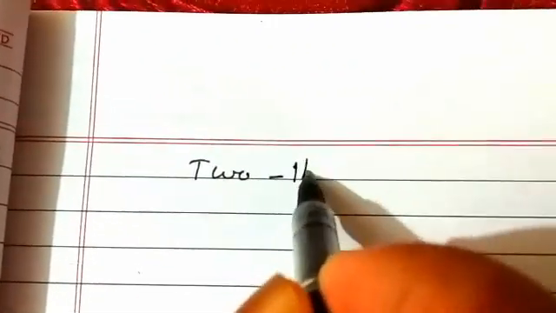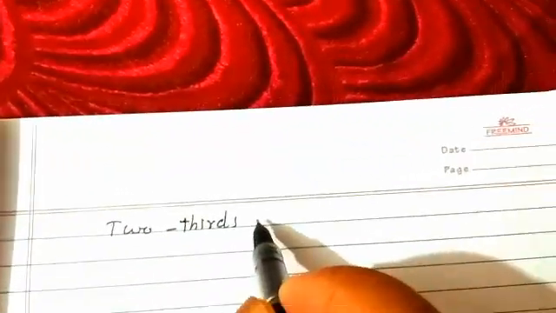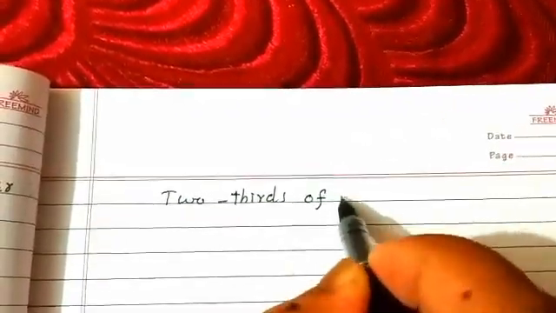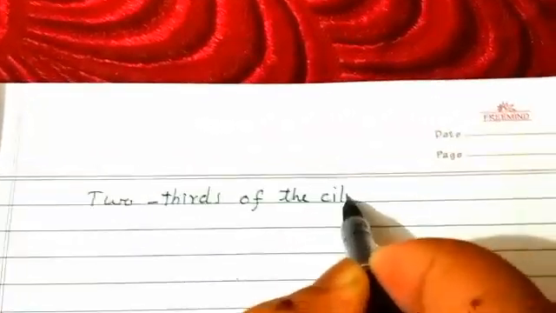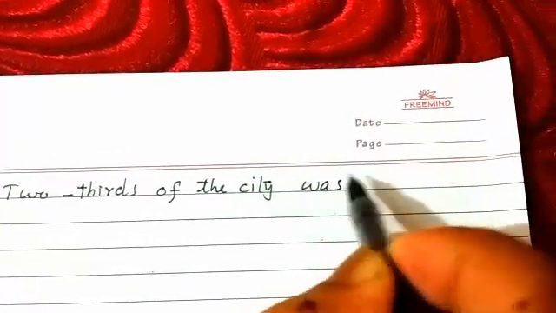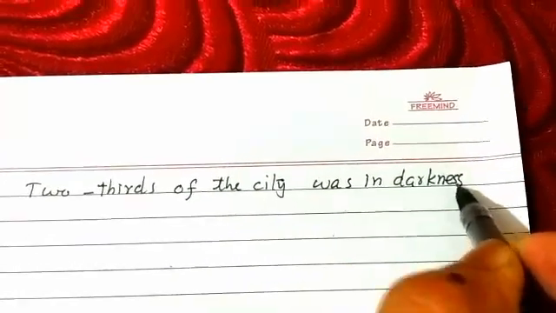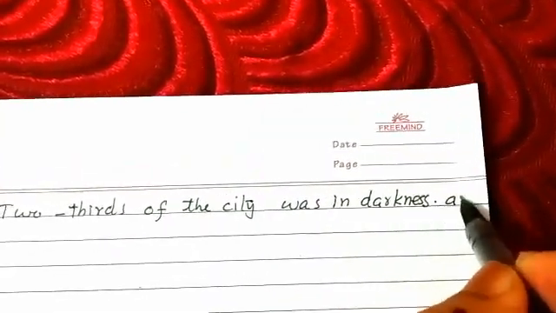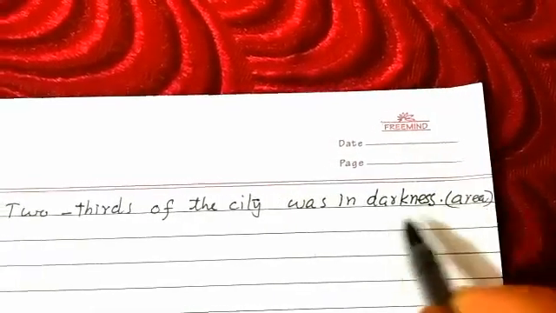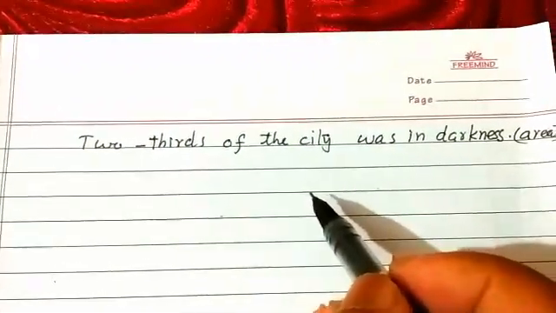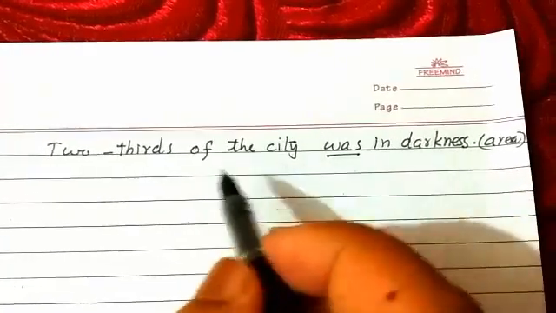For example, 2/3 of the city was in darkness. Here we are talking about area. 2/3 of the city was in darkness.